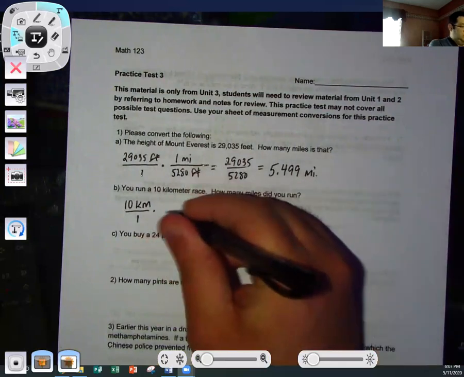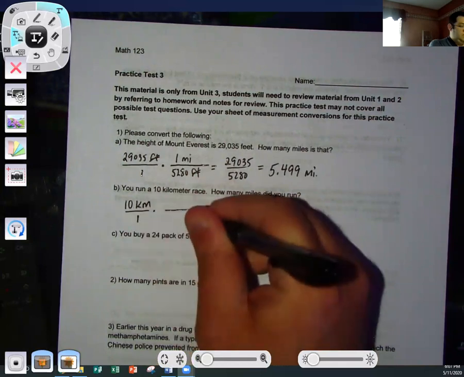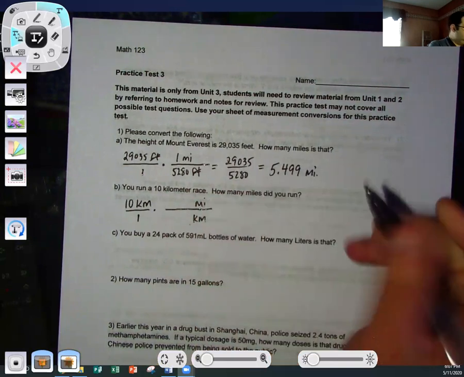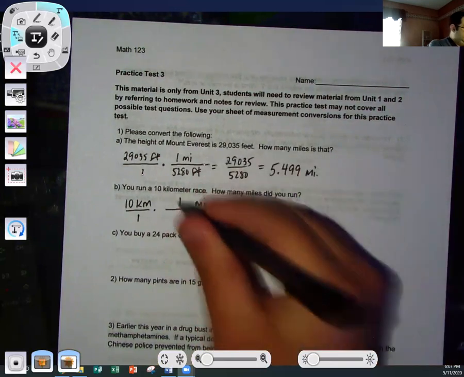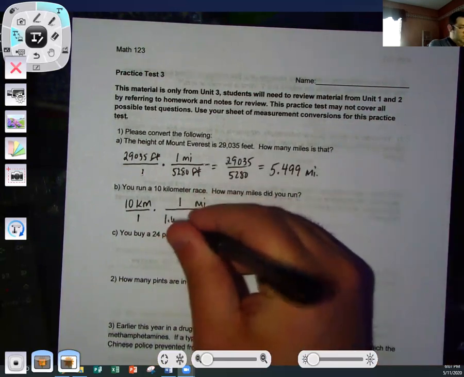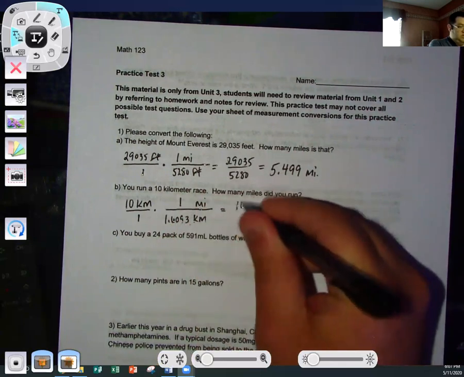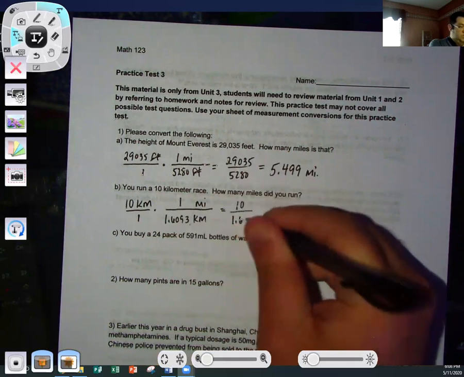We're converting from kilometers, that's going to go in the denominator. We're converting to miles, that's going to go in the numerator. It's 1 mile, 1.6093 kilometers. So this ends up being 10 divided by 1.6093.